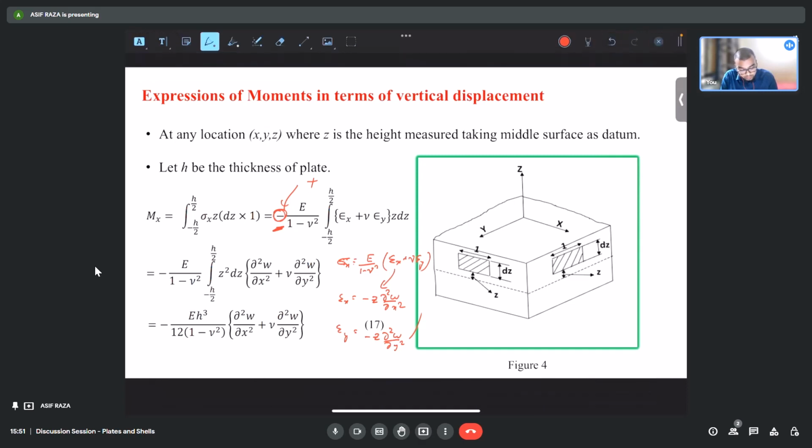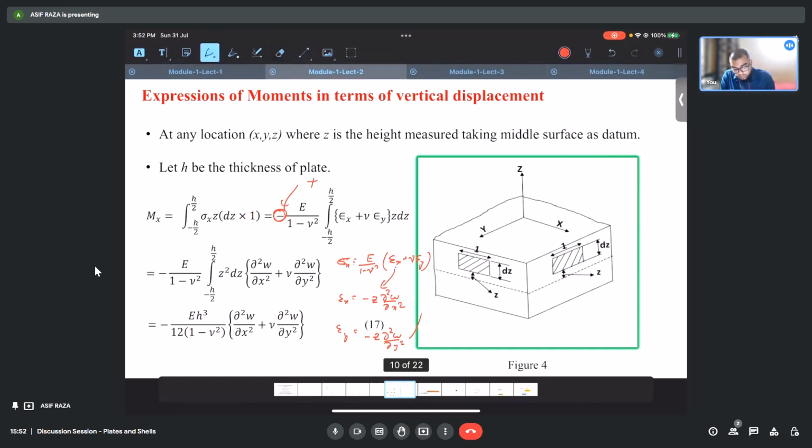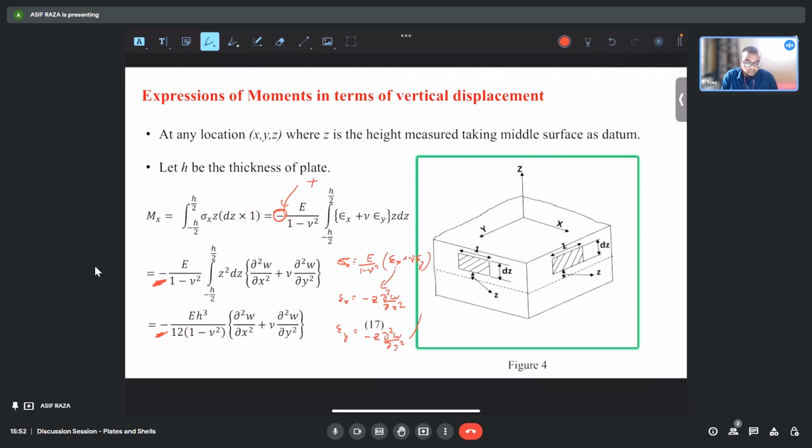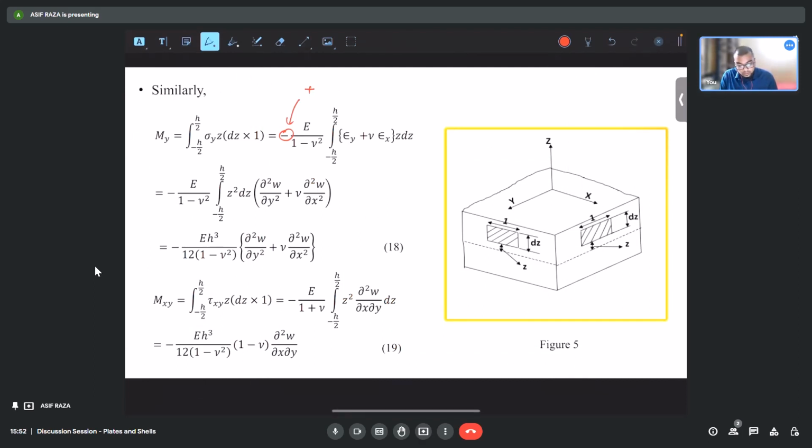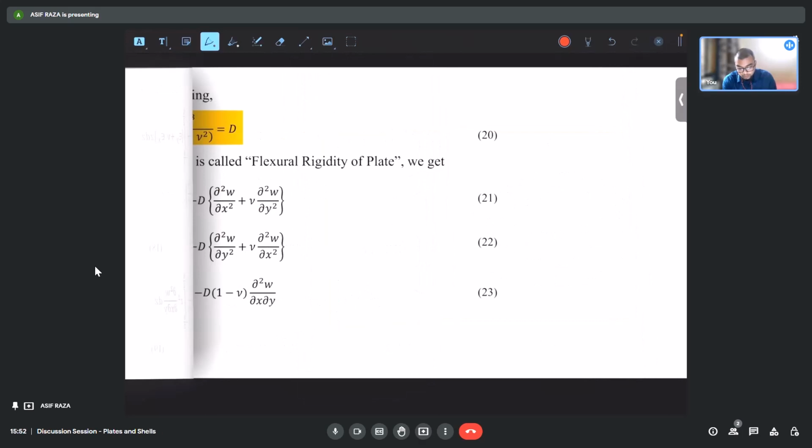This epsilon x has minus z times ∂²w/∂x², which is there in the later equations. It should not be there in the previous equation, so please correct this one. Similarly, for My, the first equation on the right hand side, it will be plus instead of minus, so please correct this. Mxy is correct, these are also correct.